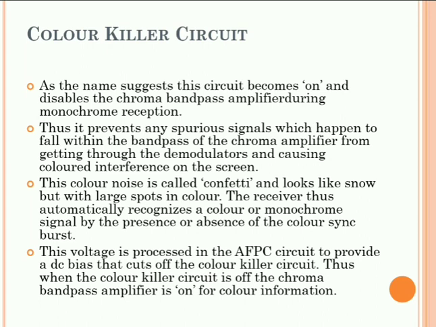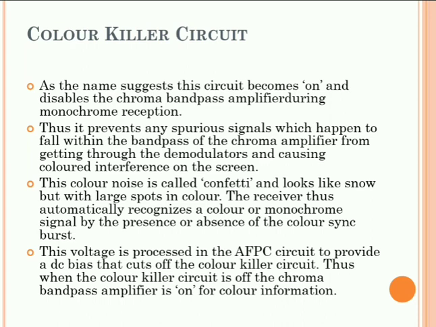As the name suggests, the circuit becomes on and disables the chroma bandpass amplifier during monochrome reception. Because in monochrome we do not need the color information, it becomes on and disables the chroma bandpass amplifier during that black and white reception.